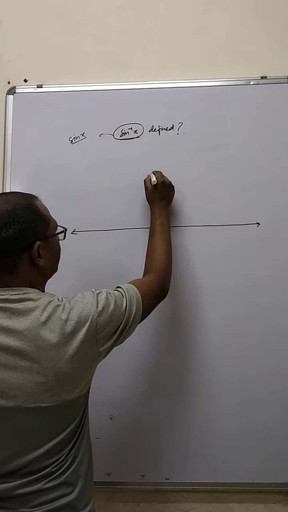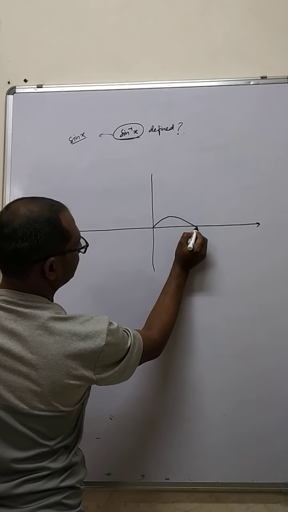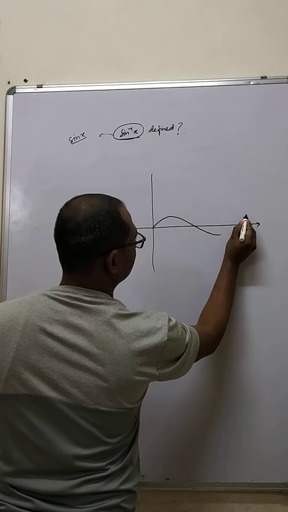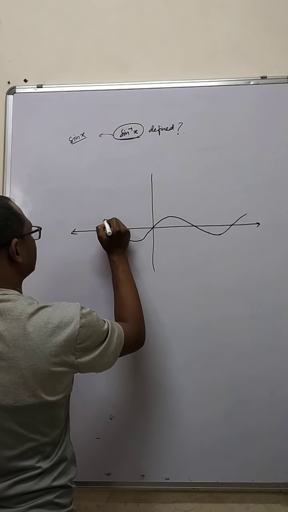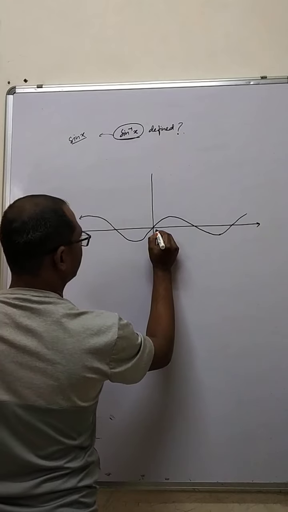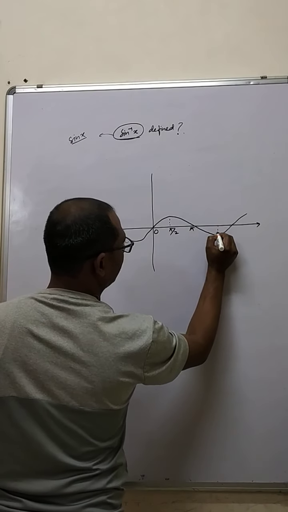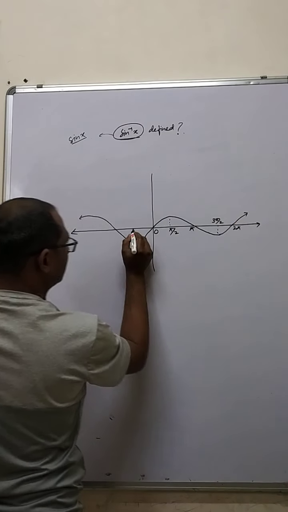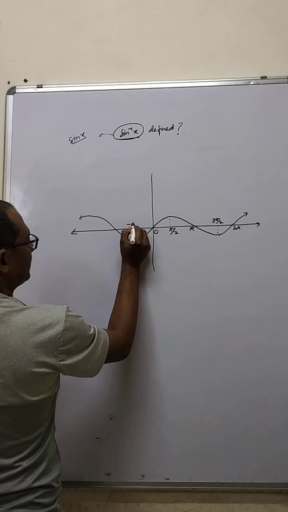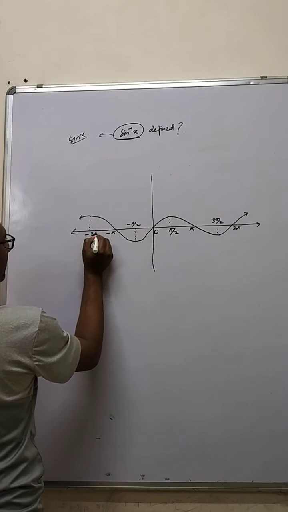Sine x, the graph is here. Here it is 0, here it is pi by 2, pi, 3 pi by 2, 2 pi and so forth. This way it is minus pi by 2, minus pi, minus 3 pi by 2.